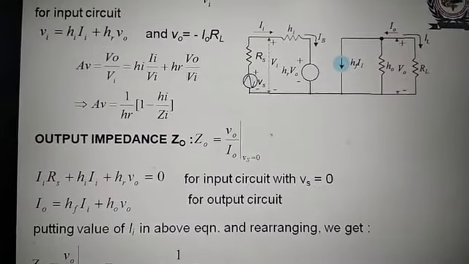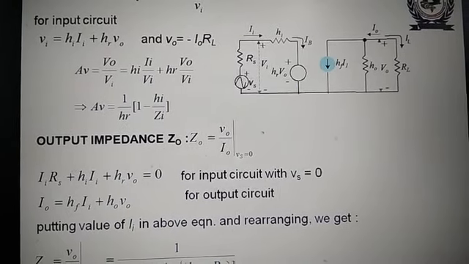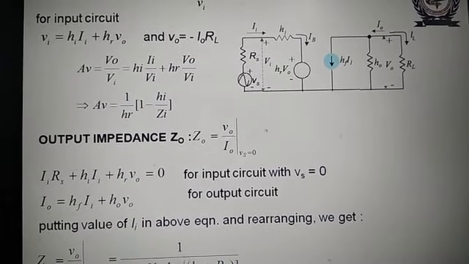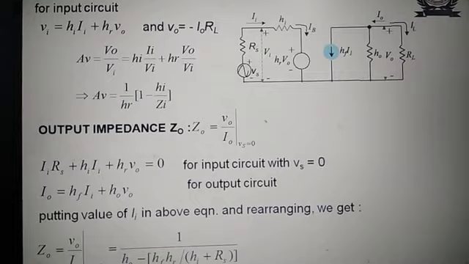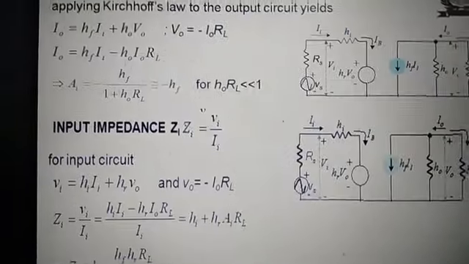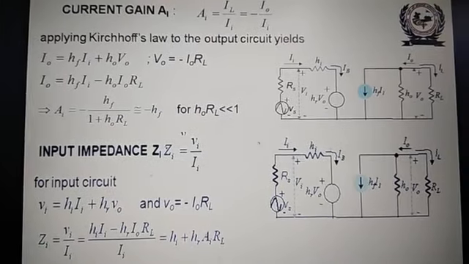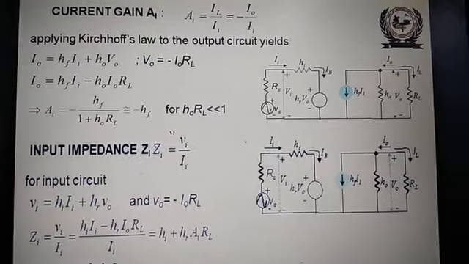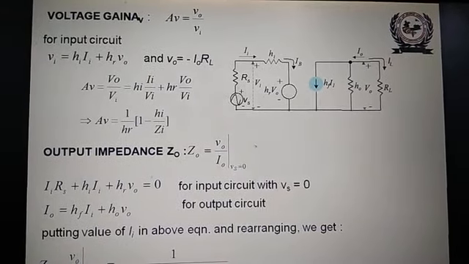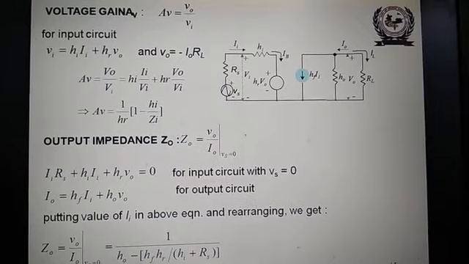Okay, so dear friends, in the next video we will go for the other parameters like voltage gain and output impedance. Current gain we have seen, input impedance we have calculated, and later on we will calculate voltage gain and output impedance. You can see this here.